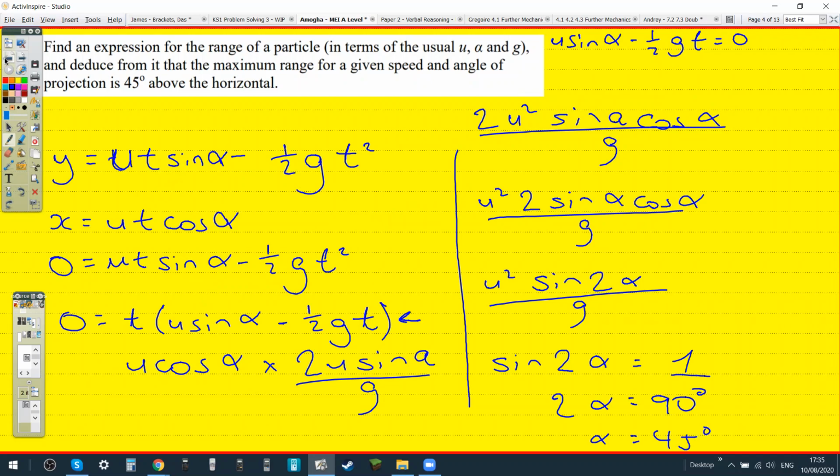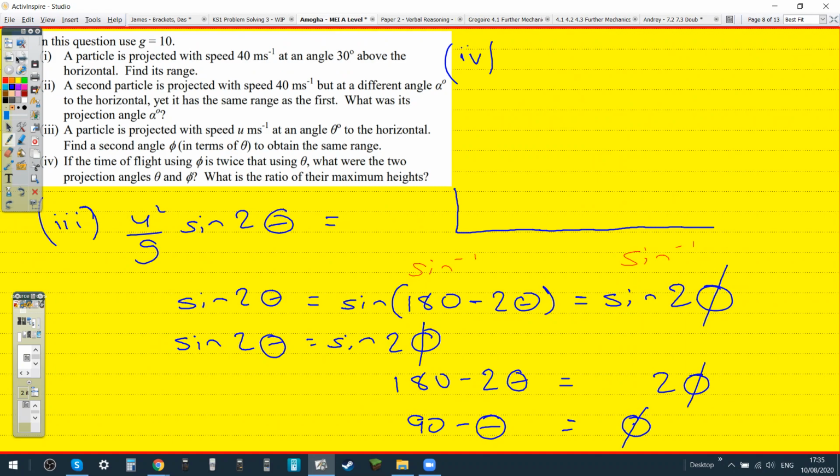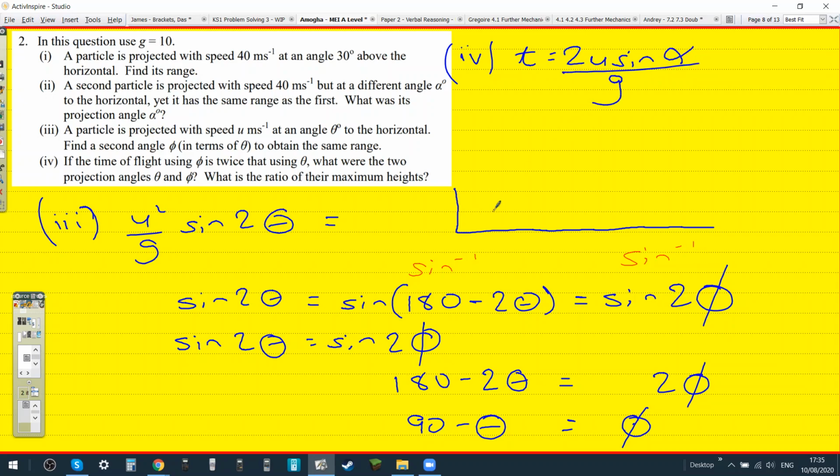T equals. Did we not have t equals somewhere? I think it was on the next page. So 2u sine alpha over g. Yeah.